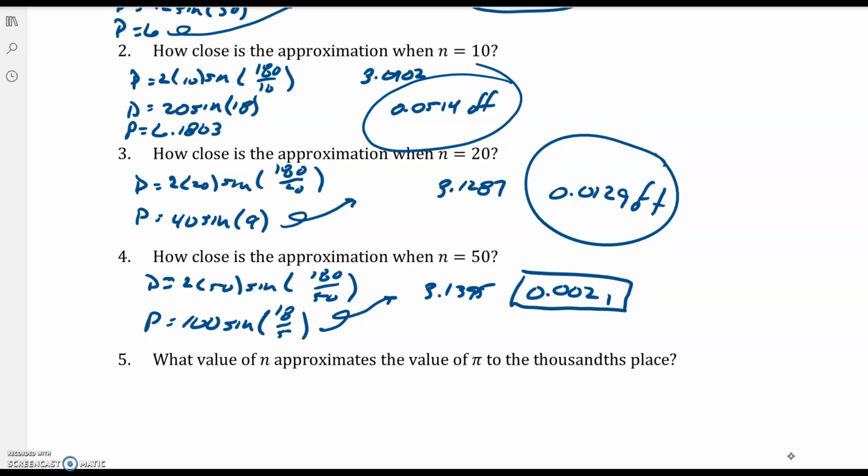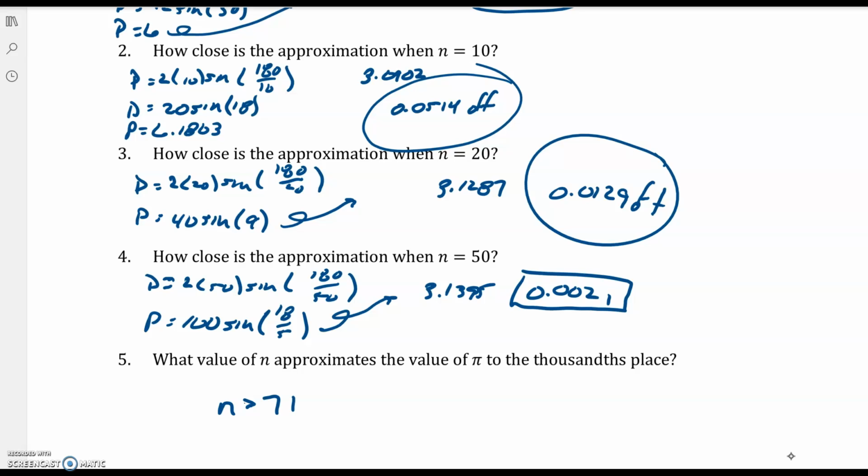Even closer. So what value of n approximates the value of pi to the 1,000th place? Well, as it turns out, any n value that is greater than 71 will approximate pi very, very well to the 1,000th place.